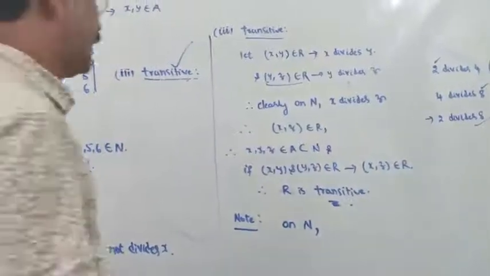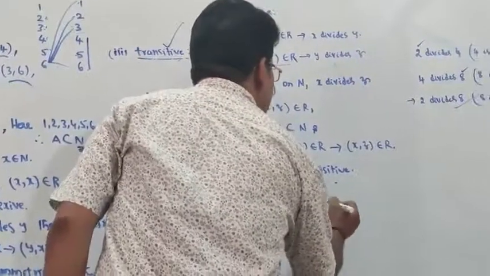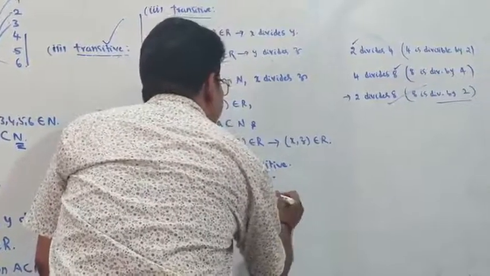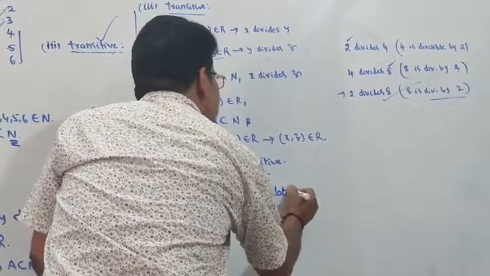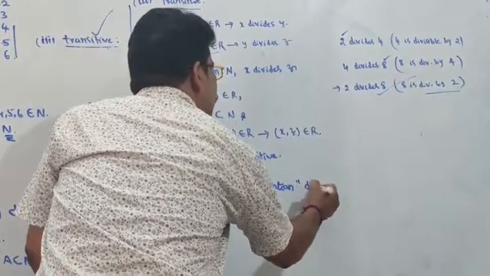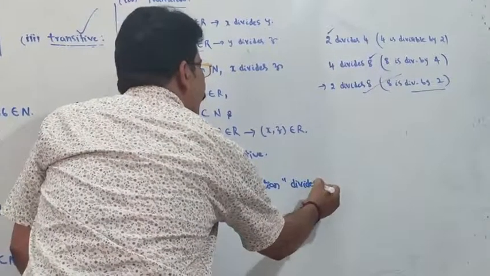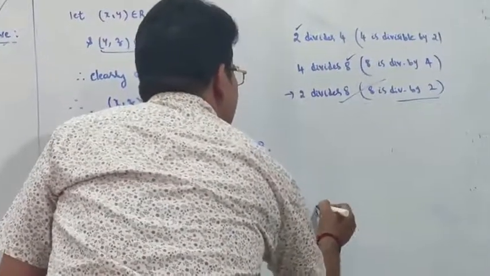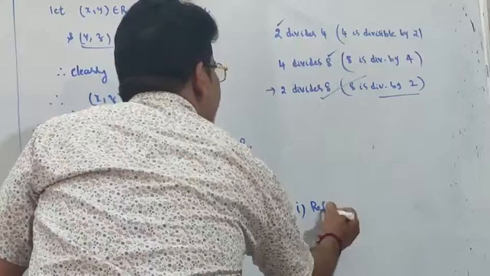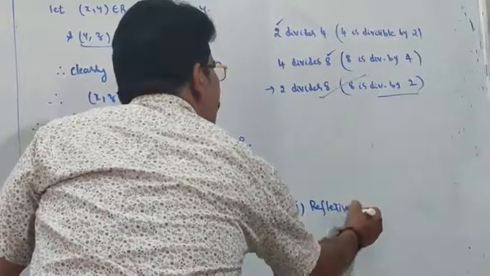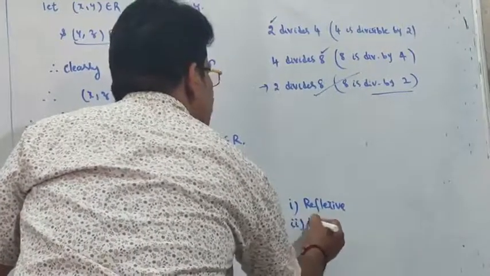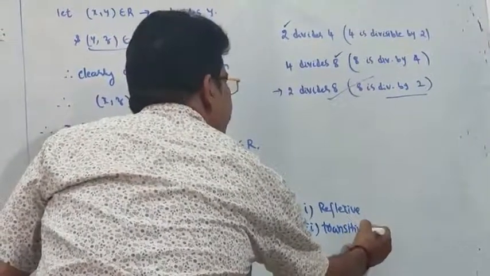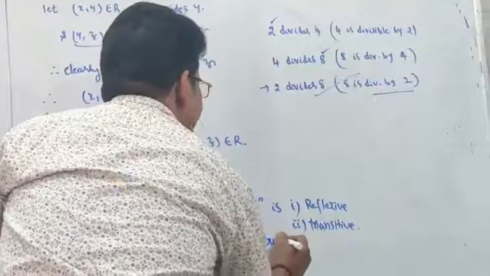On the natural number set, the relation divides is, number 1, reflexive, number 2, transitive, but not symmetric.